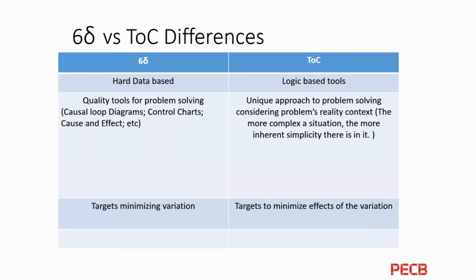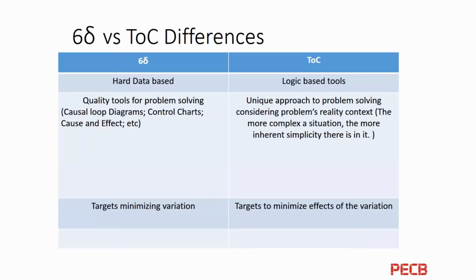The other has a really unique approach to problem solving, considering the problem's reality context. Goldratt was saying that the more complex the situation is, the more inherent simplicity there is in it. So the more complicated the problem looks, the simpler the solution would be.